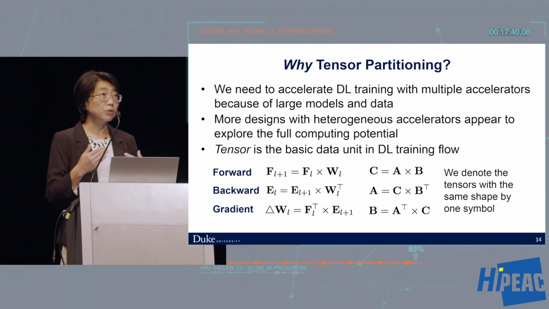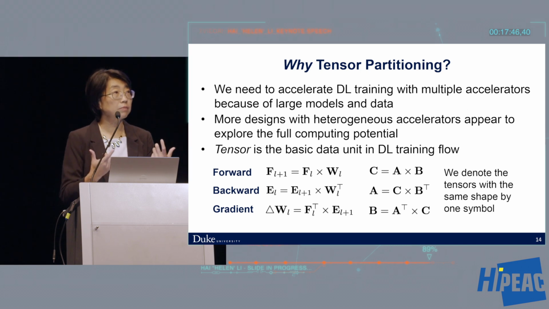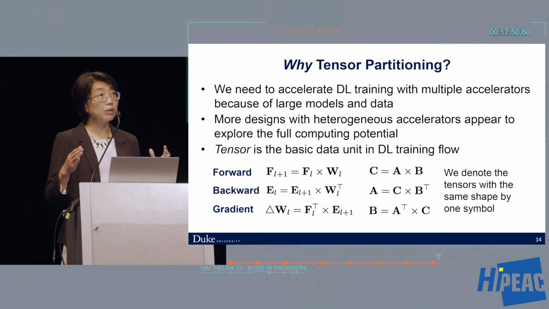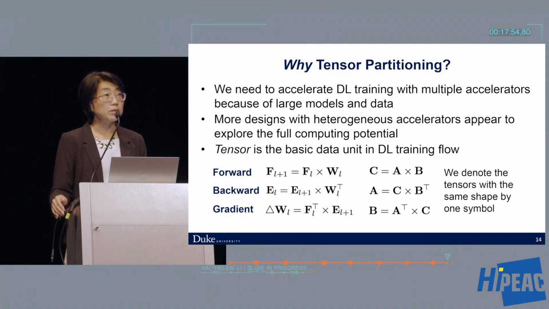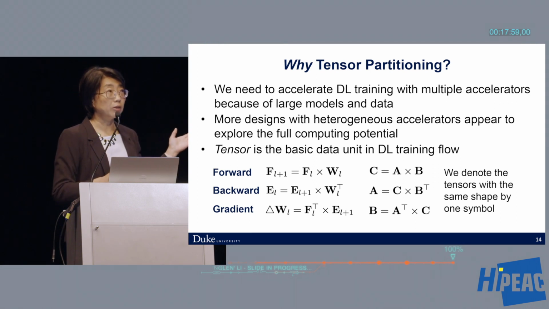And of course, the gradient is calculated based on the feature map and the error matrices. To understand the data requirements, we denote tensors with the same shape by one symbol, like A, B, C indicated here.